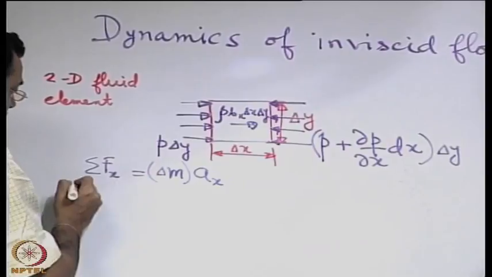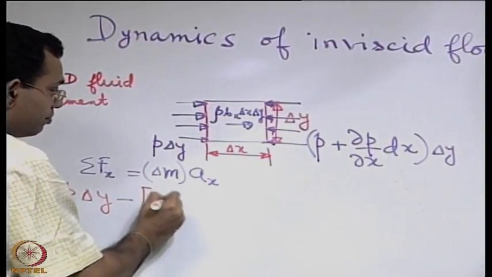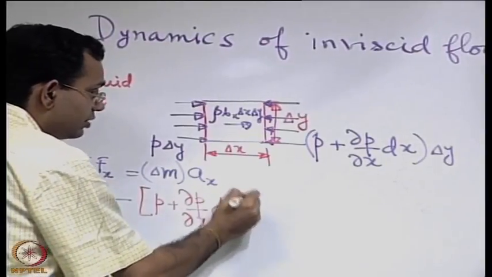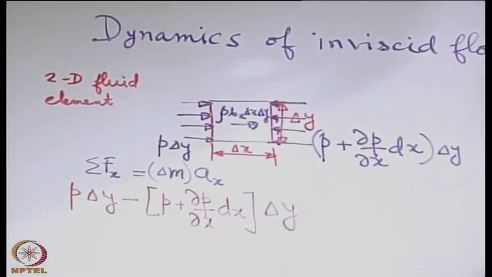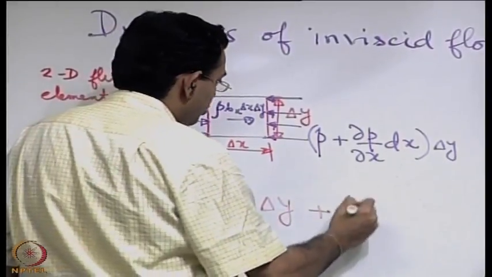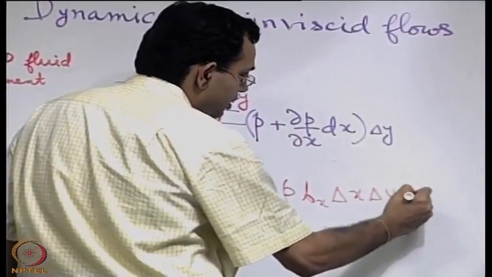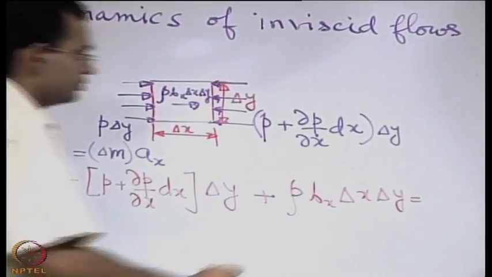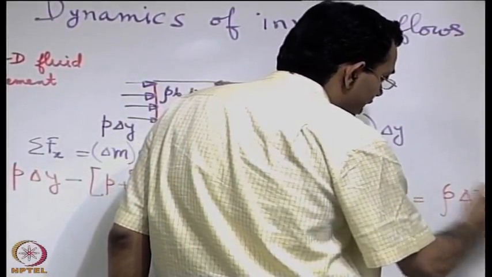Resultant force along x is P into delta y minus P plus ∂P/∂x into dx into delta y, plus rho Bx delta x delta y, is equal to the mass of the fluid element, which is rho delta x delta y, times acceleration along x.